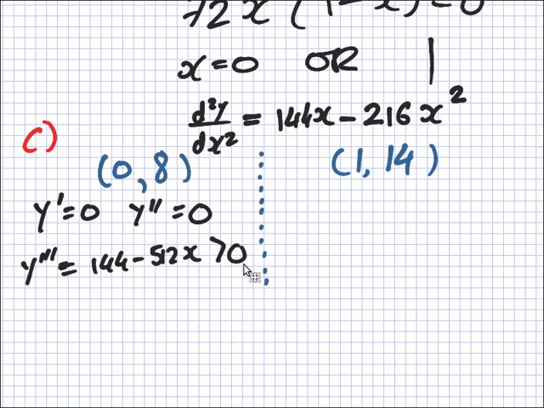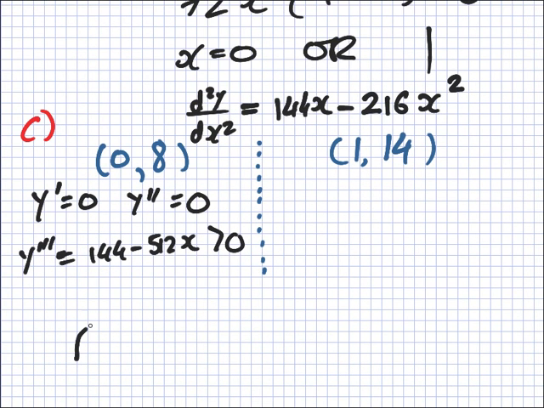So that means you get what's called the rising inflection point, like that. 144 minus 432, yes, 216 times 2. So results still the same here. I have a rising inflection point.